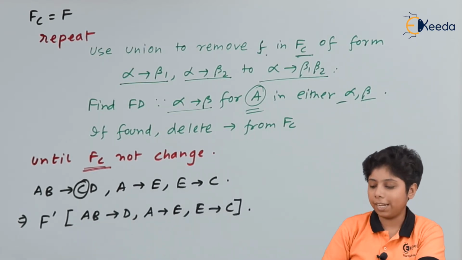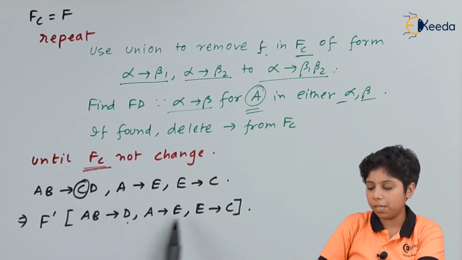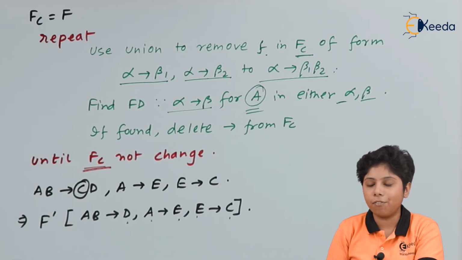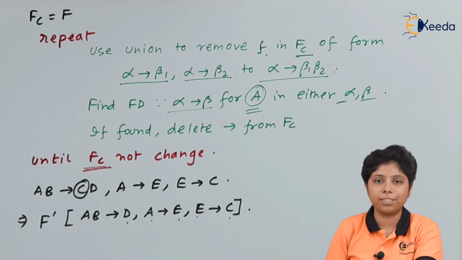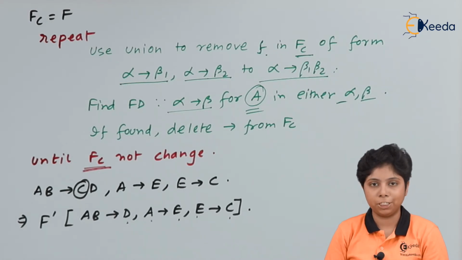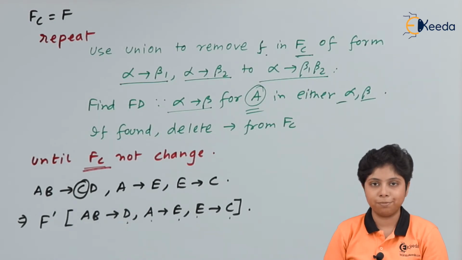So we can say that the canonical cover of F has F dash with AB defines B, A defines E, and E defines C. See, in the canonical cover, we are not putting any type of transitive dependencies or making transitive rule applications. We are only deleting the extraneous attributes.